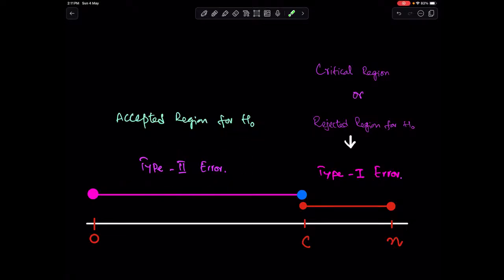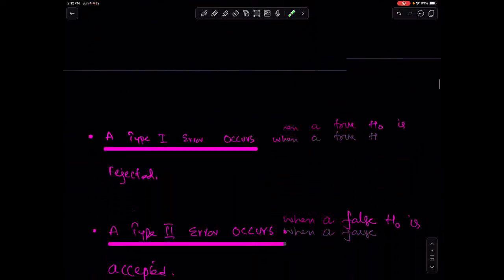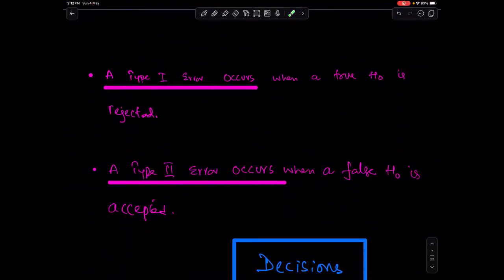So a type 1 error occurs when a true H naught is rejected. And a type 2 error occurs when a false H naught is accepted. So this is the region of type 2 error, and this is the region of type 1 error. I mentioned this here. A type 1 error occurs when a true H naught is rejected. And a type 2 error occurs when a false H naught is accepted.